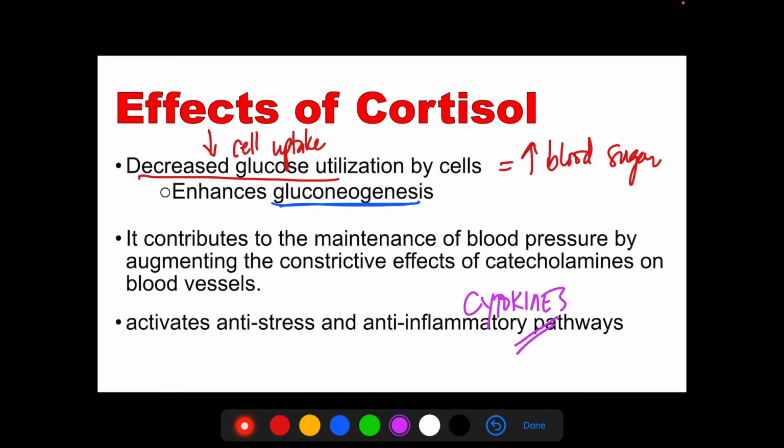These cytokines are cell signaling molecules that aid cell-to-cell communication in immune response, and also stimulate the movement of cells towards the site of inflammation or infection, or whenever there is trauma. So at a cellular level, the glucocorticoids can inhibit the production of these cytokines. So in short, if cortisol is present, cytokine is inhibited.